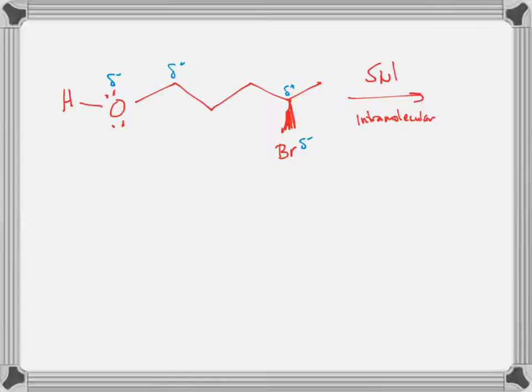Is one better than the other? Yes. What are you using to decide which one is better than the other? Which one is the better leaving group? Bromine, being the better leaving group, should take the electrons in our first mechanistic step.